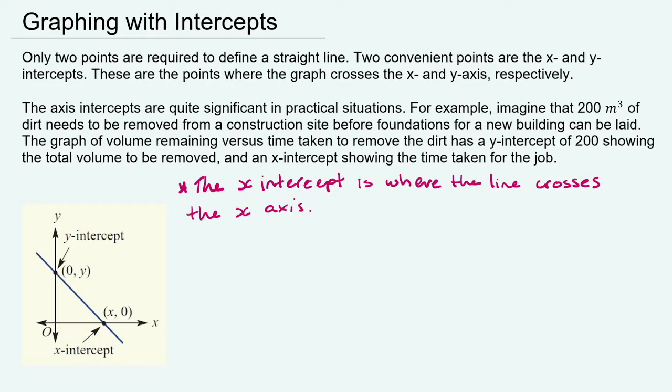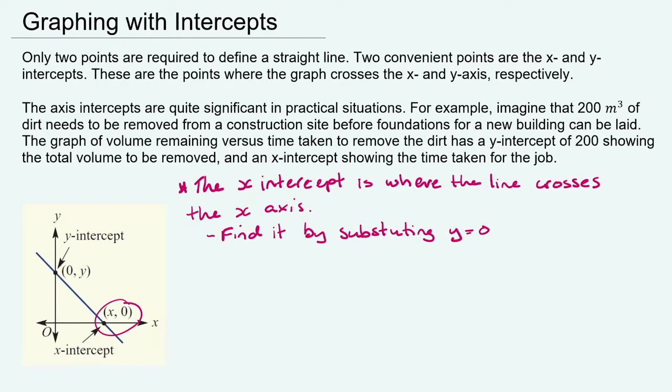We find it by substituting into our equations y equals 0, because the x-axis actually is a line that is y equals 0. If we substitute that in, we know where that intercept is going to be, and you can see that down here.